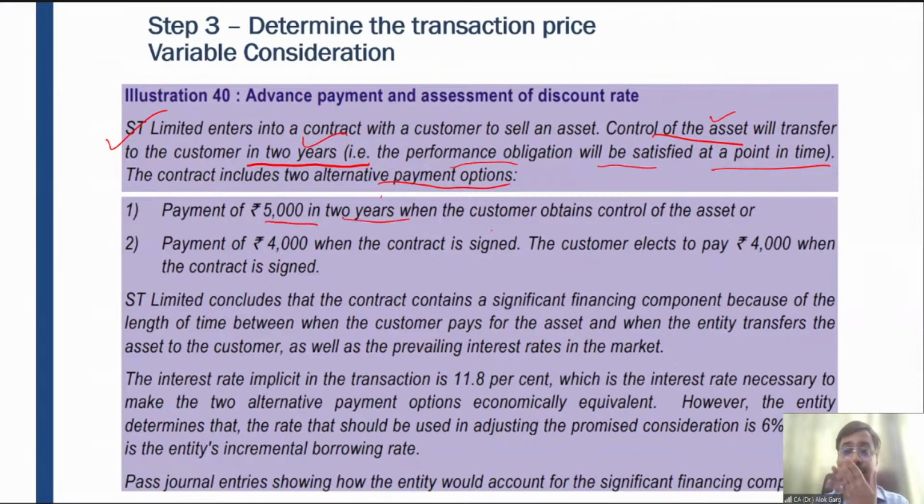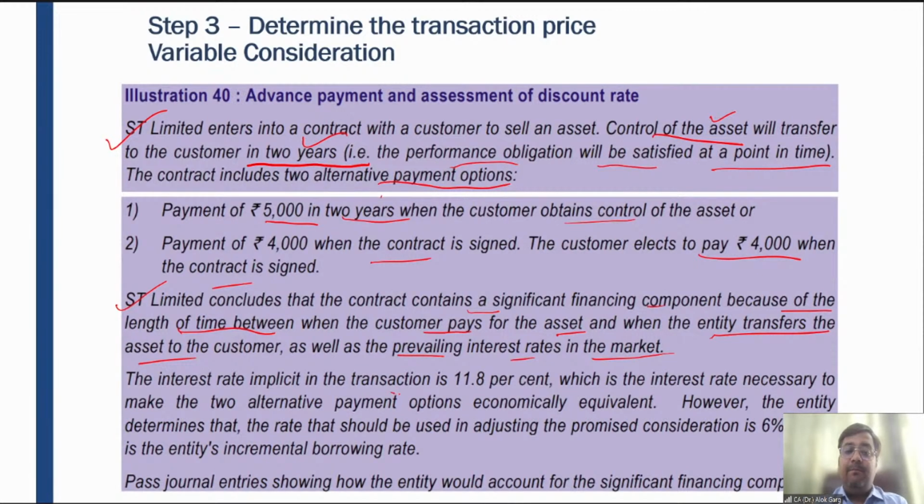The payment of 5,000 in 2 years when the customer obtains control of the asset, or payment of 4,000 when the contract is signed. The customer elects to pay 4,000 when the contract is signed. ST Limited concludes that the contract contains a significant financing component because of the length of time between when the customer pays for the asset and when the entity transfers the asset, as well as the prevailing interest rate in the market.